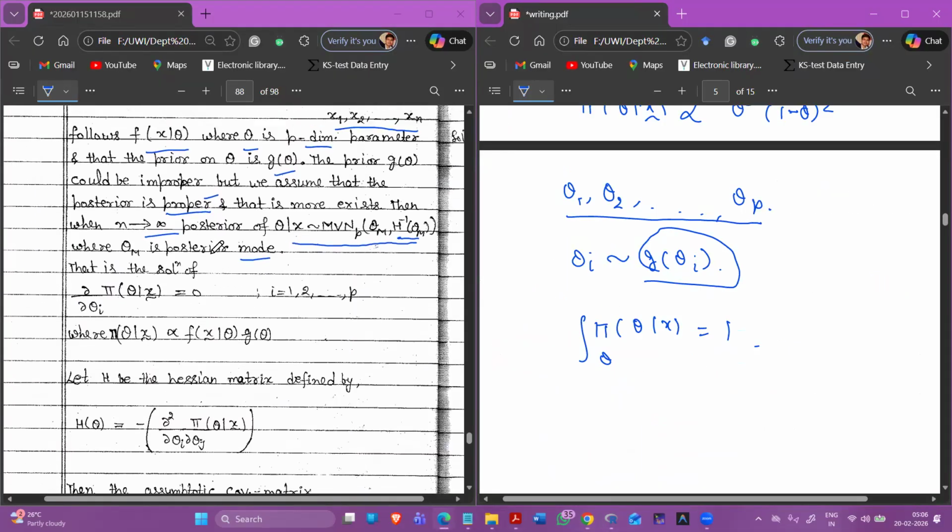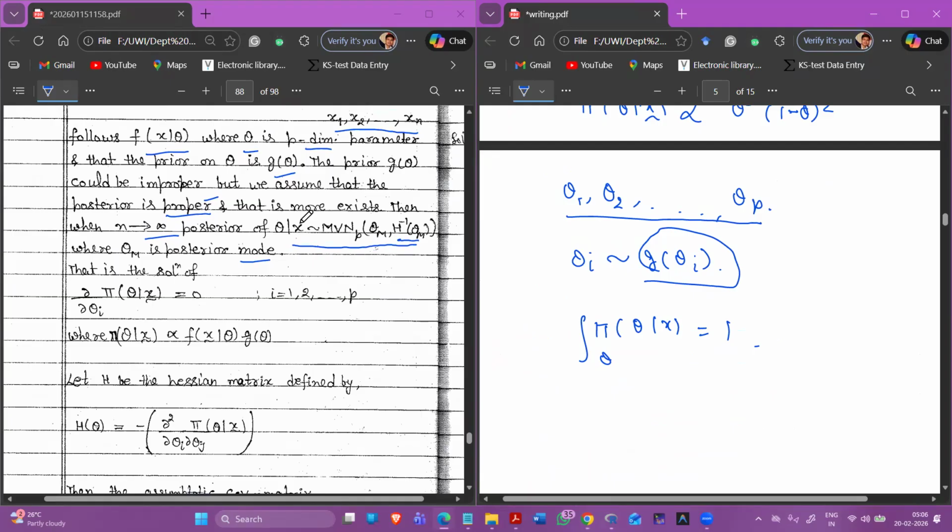Similarly, I find the posterior estimate of my theta here, where theta is basically theta 1, theta 2, ..., theta p, which will follow the multivariate normal distribution.